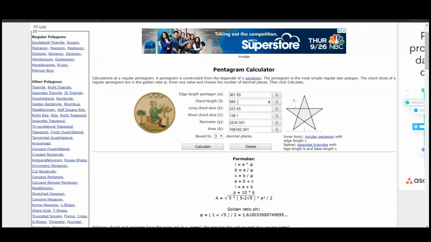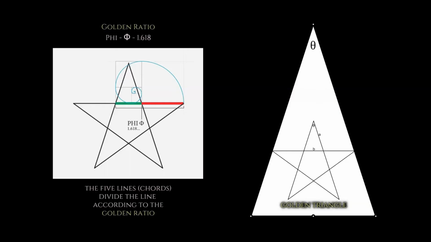No matter what value you have for the chord length, as long as you have an equilateral pentagram, these two measurements will always divide into the golden ratio. And also the spikes, or the isosceles triangles of the pentagram, form what's known as a golden triangle. There's multiple ways to measure the golden ratio in a pentagram.